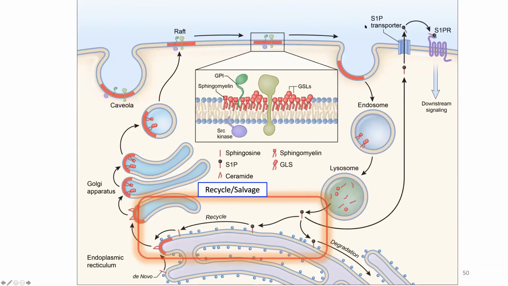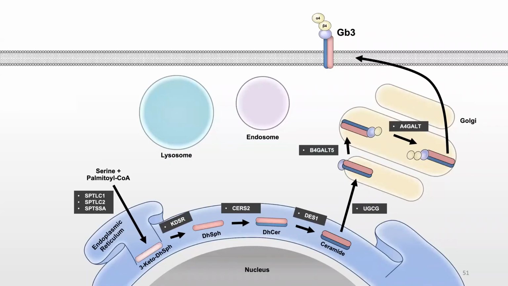Now, sphingolipids are also in the extracellular space, especially S1P, which is important as an extracellular signaling lipid. So we were also interested in perhaps how that sphingolipid was handled by cells and whether it was reutilized in the recycling pathway. So we set up a screen again that used the Shiga toxin paradigm.